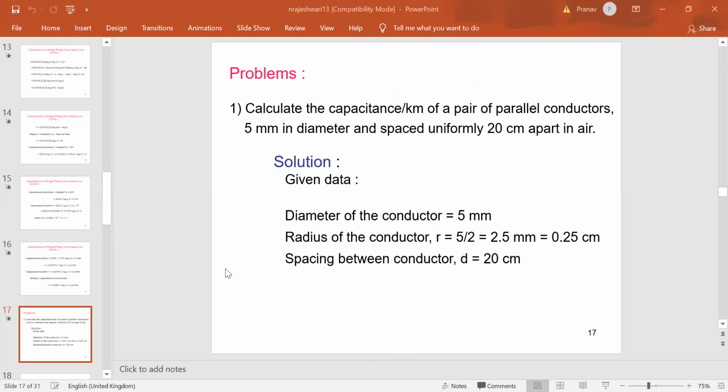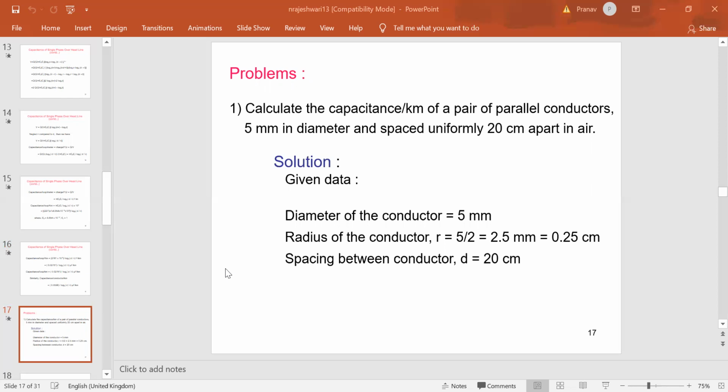So we'll see one problem regarding the capacitance per kilometer of a single phase transmission line. Calculate the capacitance per kilometer of a pair of parallel conductors 5 mm in diameter and spaced uniformly 20 centimeters apart in air.